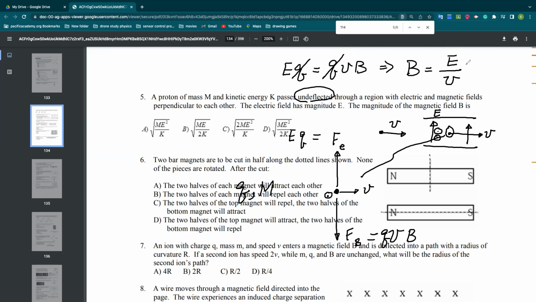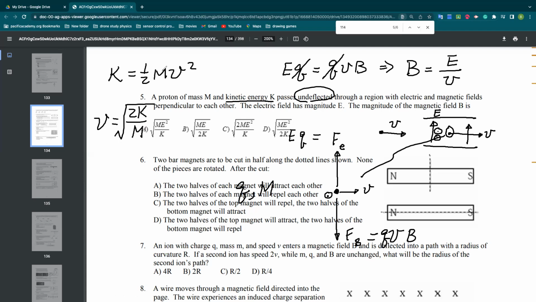So we know E. E is inside the choices here. But we need to replace v by the kinetic energy K. We know kinetic energy K is equal to 1/2 mv squared. So this gives us v is equal to the square root of 2K divided by m.